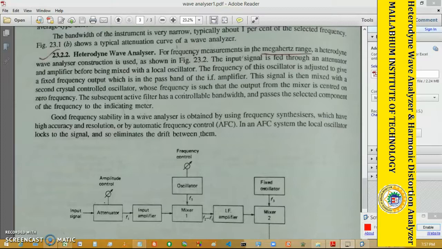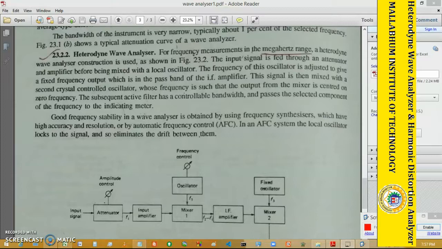Now in the case of the wave analyzer, we have discussed the frequency selective wave analyzer. That means we want to consider only the audio frequency range signal, for which we want to measure the amplitude of a particular frequency signal.